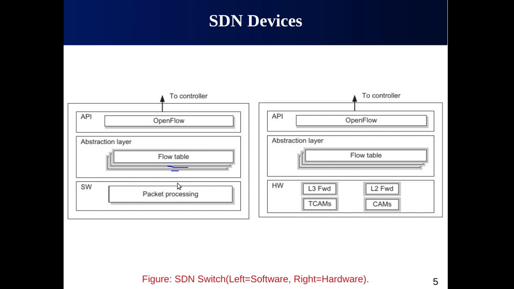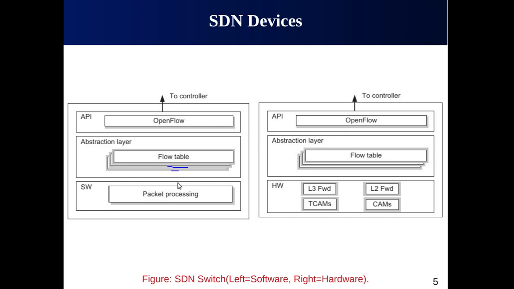Packets have traditionally been received by networking devices and evaluated based on certain fields. Like a packet has certain fields. So depending on that evaluation, actions are taken. What are those actions? Maybe the action is to forward the packet to a specific port. Maybe the action is to drop the packet, or maybe the action is to broadcast, flooding the packet on all ports. Or it could be any other thing as well.